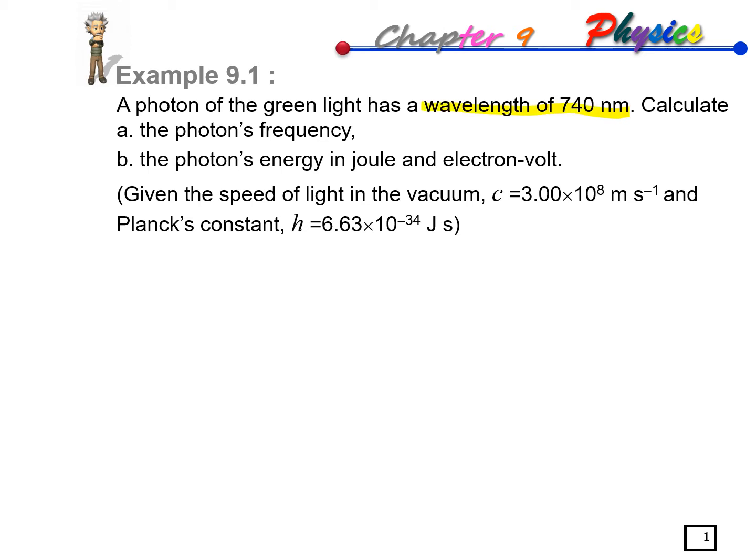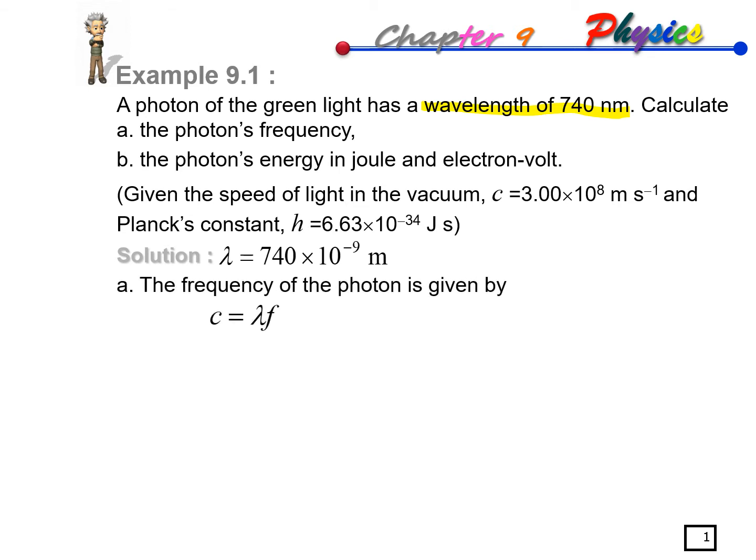So they wanted to calculate A, the photon's frequency, and then B, the photon's energy in joule and electron volt. Now for calculation purpose, the wavelength given, we will apply the equation c equals f lambda.